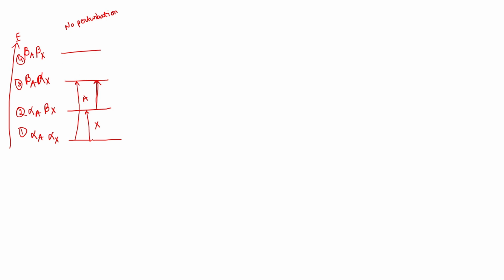But when we go from 1 to 2, there is a change in the spin for X. When we go from 1 to 4, there is a change for A. Now when we go from 2 to 4 there is a change for A, and when we go from 3 to 4, there is a change in spin for X.